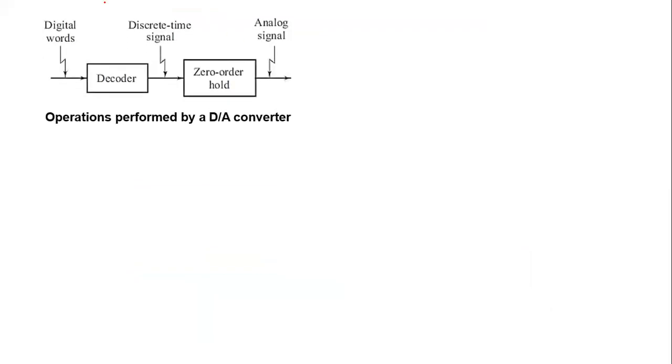So what a D2A converter does is it receives the digital signals, decodes those digital signals, and converts these ones and zeros to discrete time signals, right? These discrete time signals are given to a zero order hold. So this is a hold circuit basically.